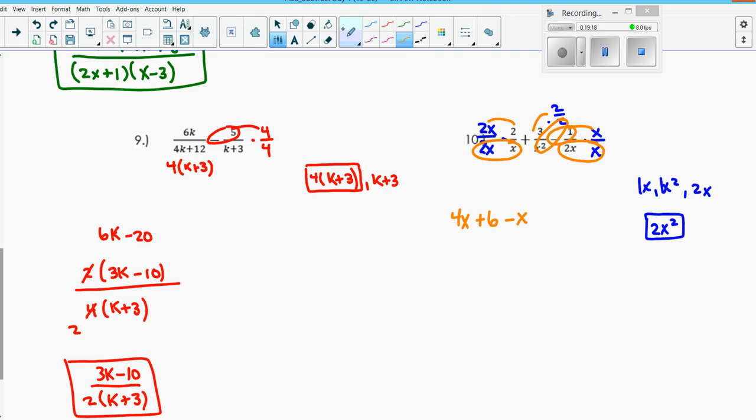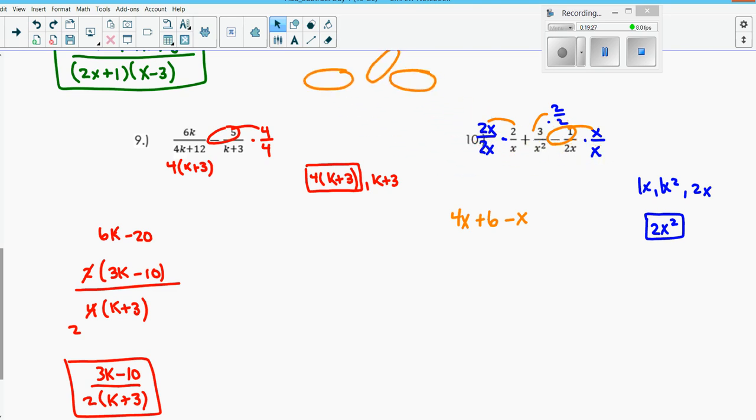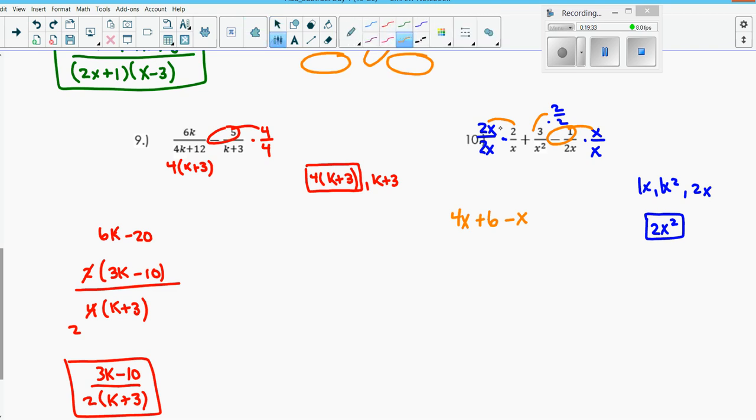Let me get rid of some stuff so you can see. So now you can see. We multiply the 2x times the 2 to get 4x, multiply the positive 3 times 2 to get 6, and the negative 1 times x to get the negative x.